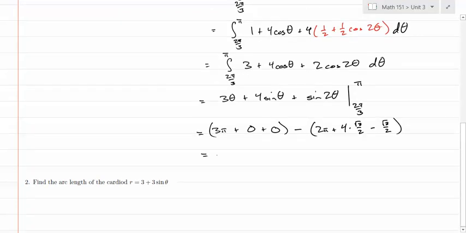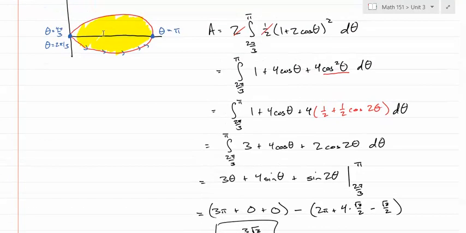For a grand total of, you got 3 pi minus 2 pi, that's pi. And then you got 4 square root of 3 over 2 minus square root of 3 over 2, so this right here is 3 square root of 3 over 2, and then you are subtracting that, so it's minus 3 square root of 3 over 2. That would be the exact area of this inner loop here.